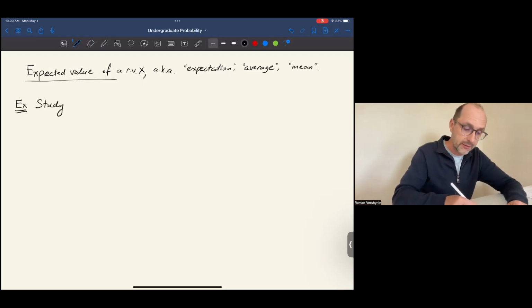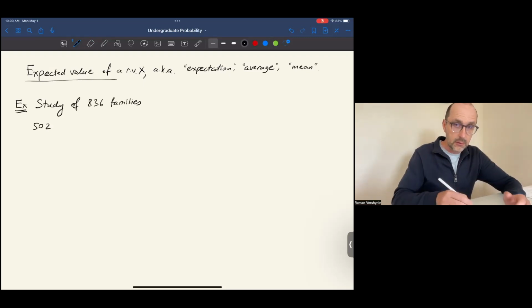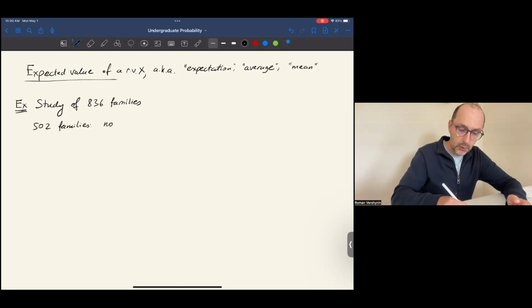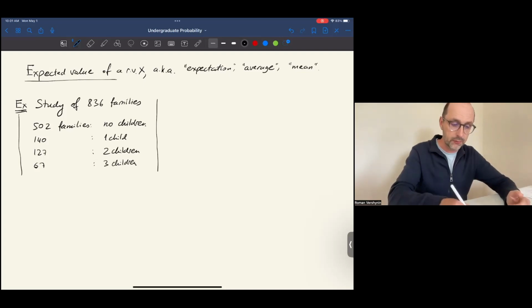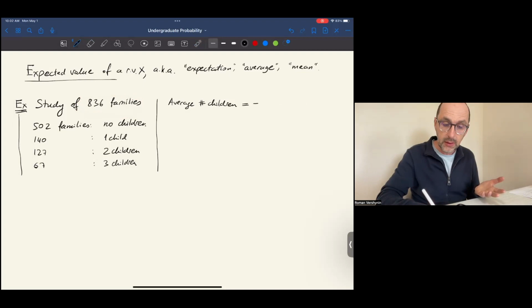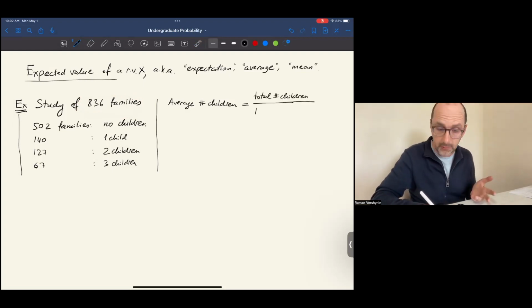Suppose we're doing a study of 836 families. Suppose when we ask these families, 502 of them have no children. 140 had 1 child, 127 families have 2 children, and 67 families have 3 children. What is the average number of children in a family from this group? We can compute it by dividing the total number of children by the total number of families.